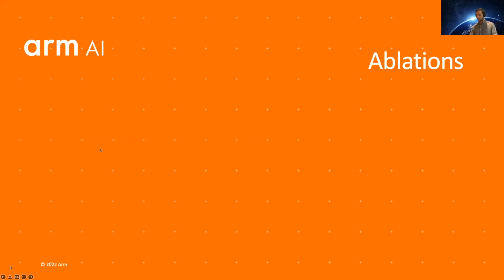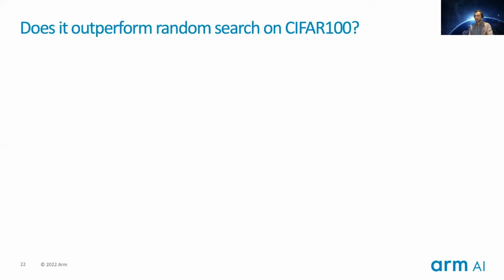Okay, so next I want to jump into some more results, and these are more like ablation results, which sort of highlight the different properties of the algorithm and give a better sense of how it's working. And the first thing to consider is to compare the search algorithm to a simple baseline like random search.